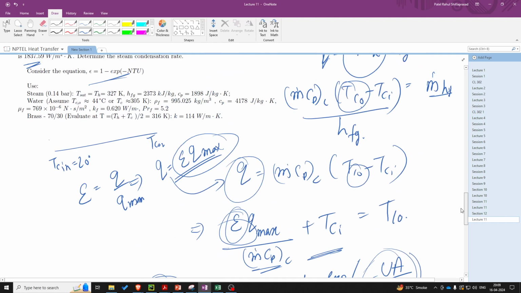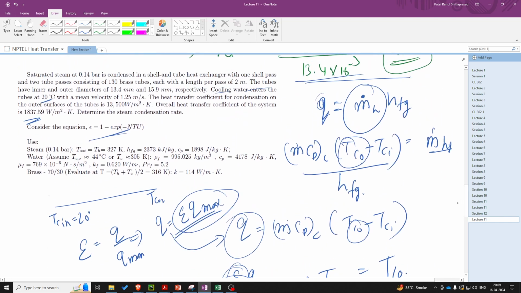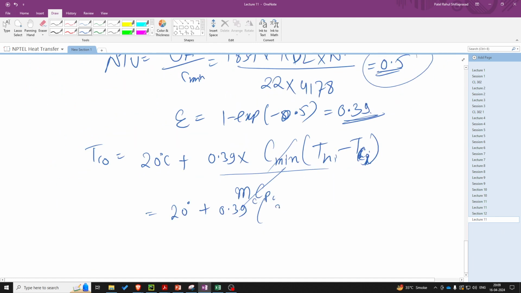For the hot fluid we are having steam, so we can just take it as 327 Kelvin, minus the cold fluid, which will become 273 plus 20.